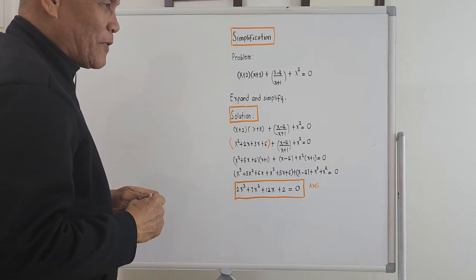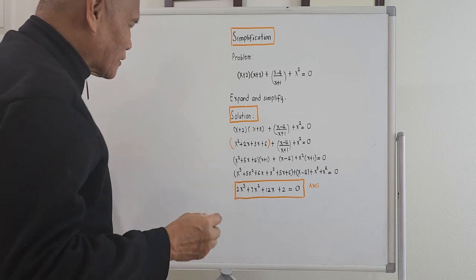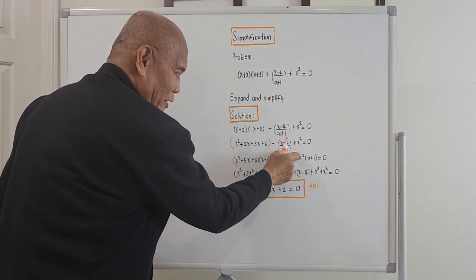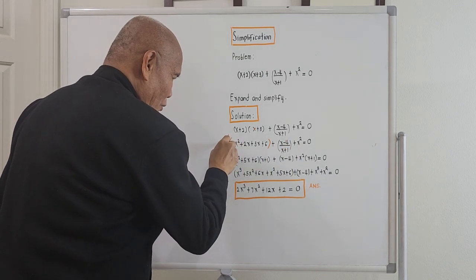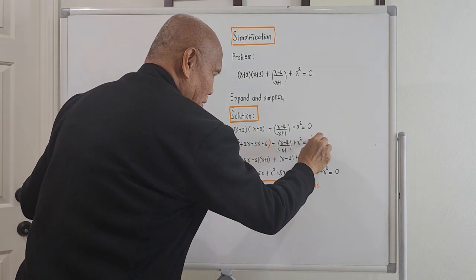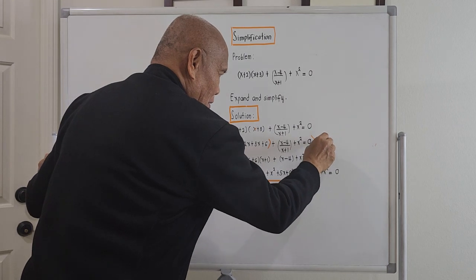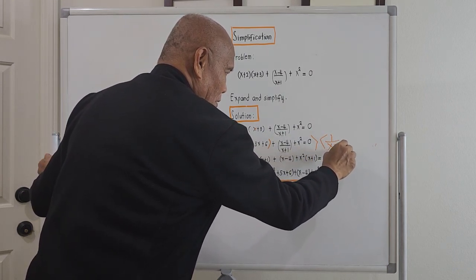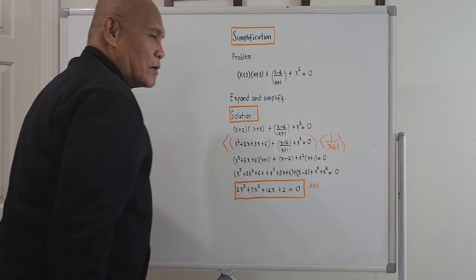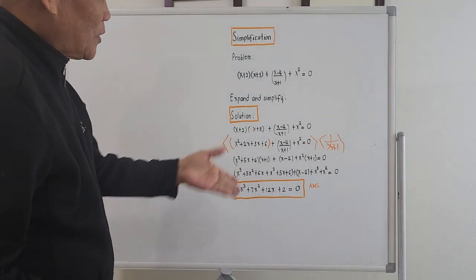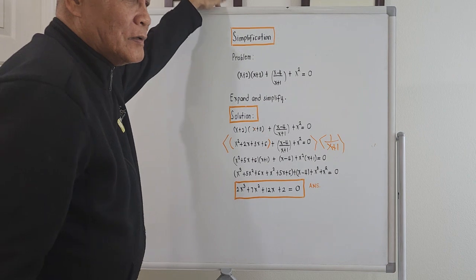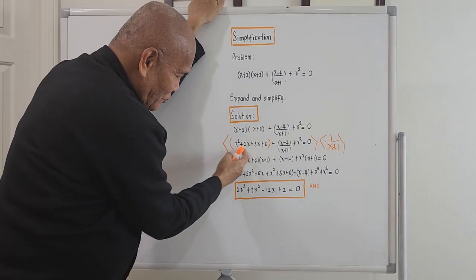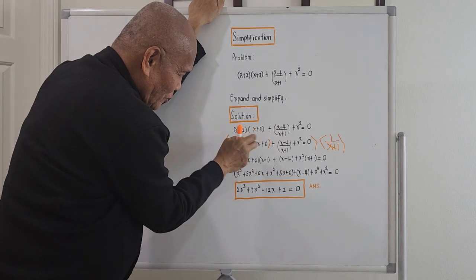To simplify the equation further, there is a denominator on the second term. Because the problem says simplify, before we multiply, we combine the common terms on the expansion of the two binomials.